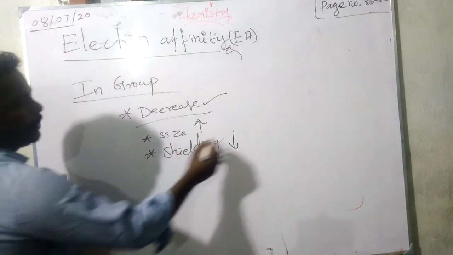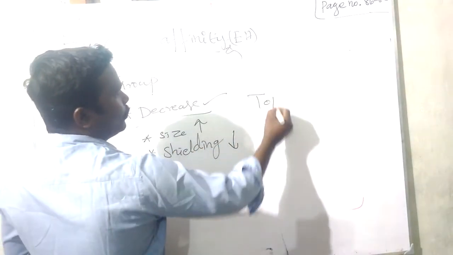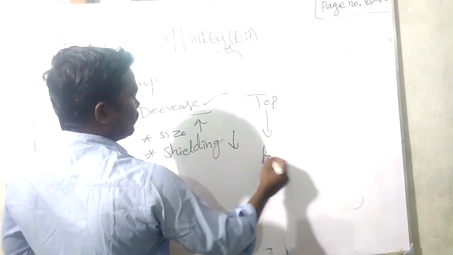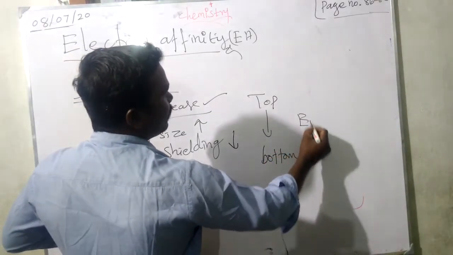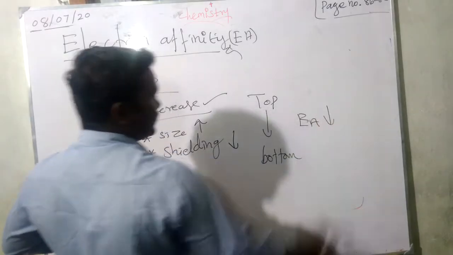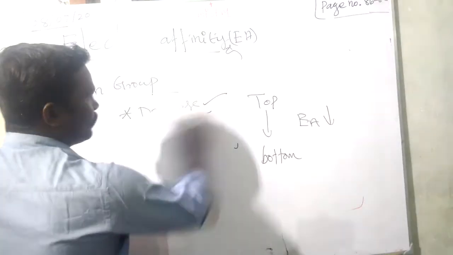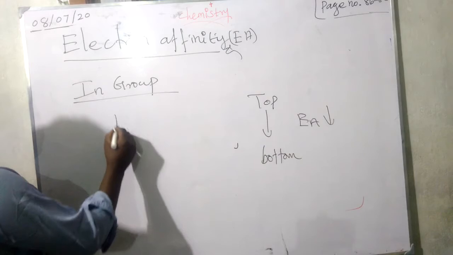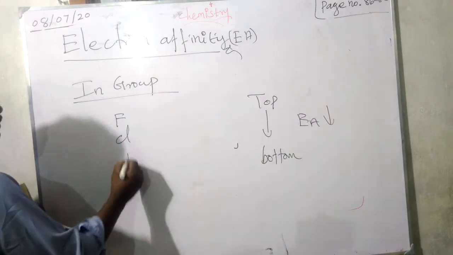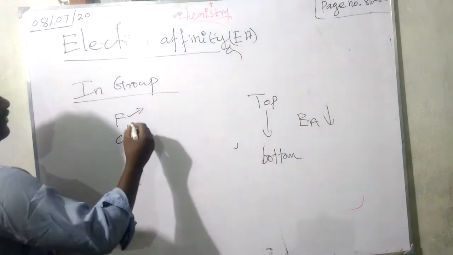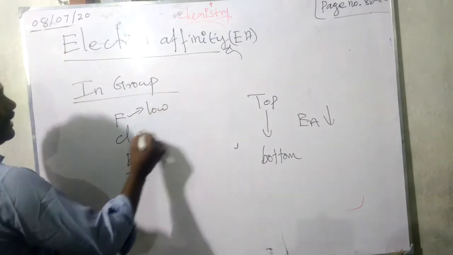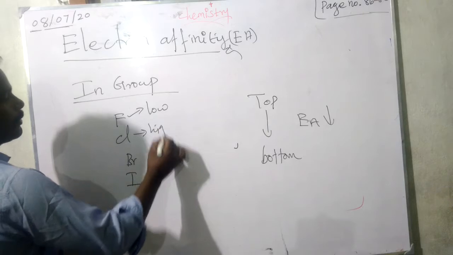Usually from top to bottom, what will happen, my dear students? Electron affinity will decrease. But if you compare the electron affinity of fluorine, chlorine, bromine, iodine, fluorine has lower electron affinity than chlorine.